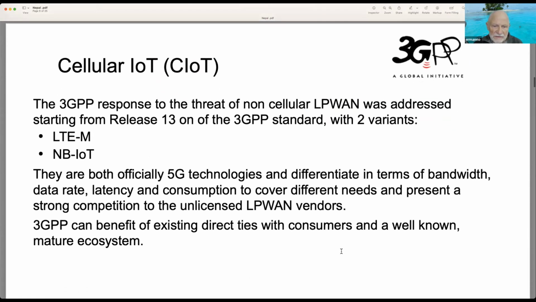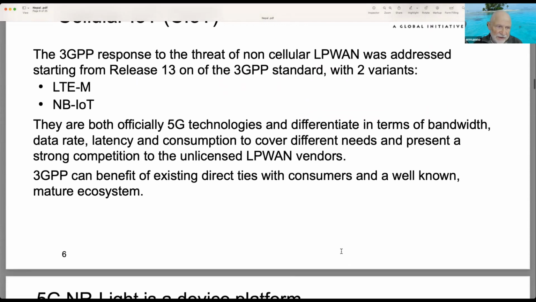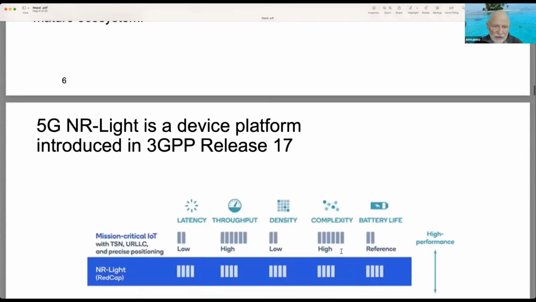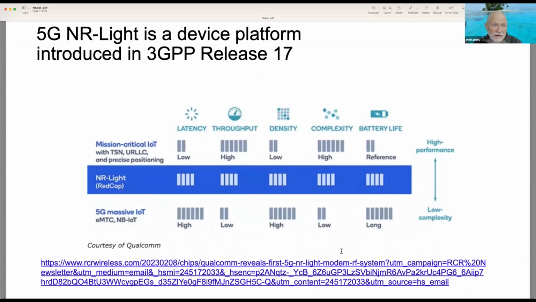So these are the initiatives from the cellular vendors that offer different solutions that are quite useful for this kind of application. Also in 5G, there is a standard called 5G New Radio Lite, which is well suited for IoT applications.